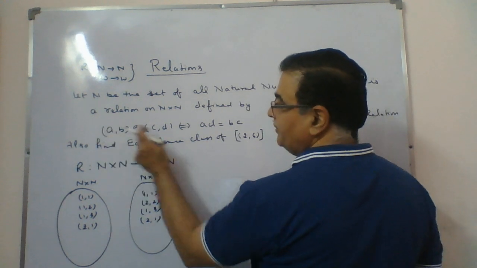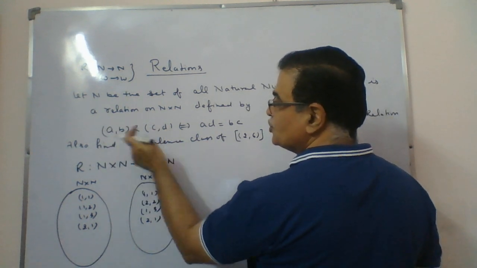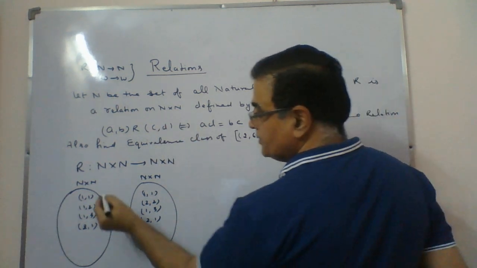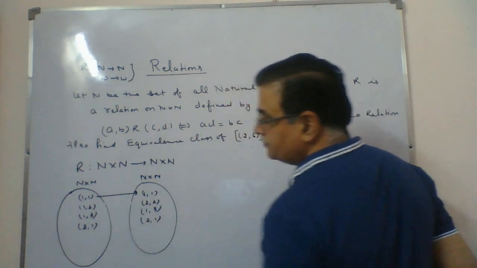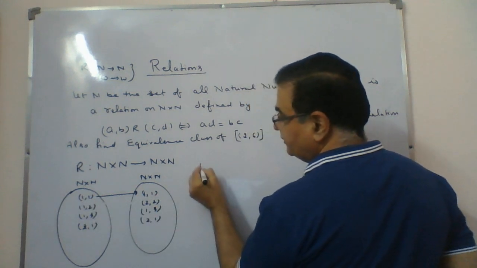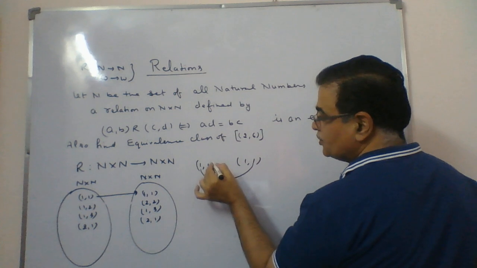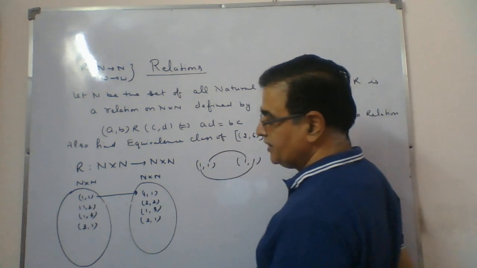Means the first element and the second element, their multiplication should be equal to the multiplication of the second and the first. So just check these two. If you multiply 1 and 1, they come out to be the same.